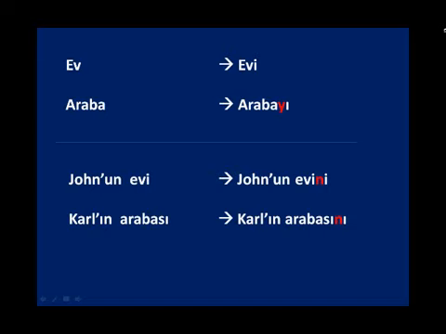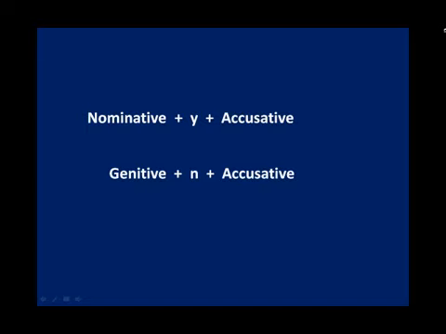Let's see. The simple form, like araba, ev, bilgisayar, hamburger, simple form or dictionary form is called nominative, noun form. If you make it accusative, you add a Y, if by coincidence the word ends in a vowel, of course.